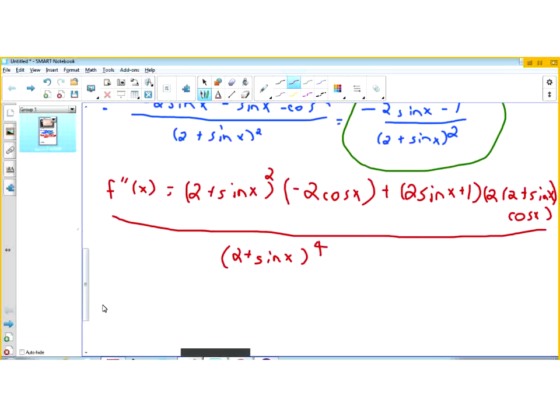Okay, so we can simplify the numerator. We can factor 2 plus sine x out and a cosine x out. It looks like we can even factor out a 2.